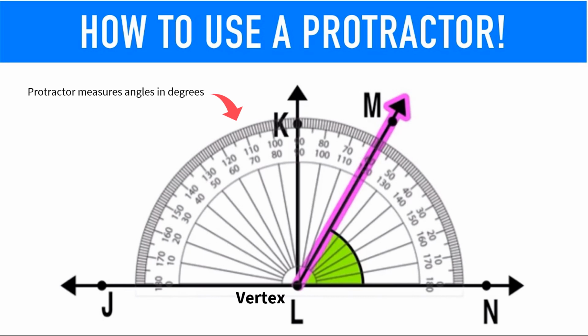We have the vertex, which is the point where the lines in the angle meet. We put the center of the protractor on the vertex. We have the arms of the angle as well. We put the 0 on the protractor on the arm from which we are measuring an angle.